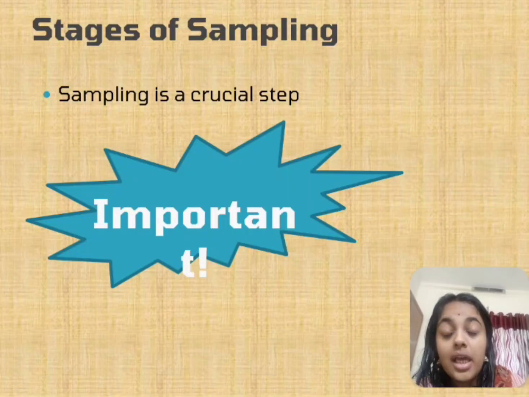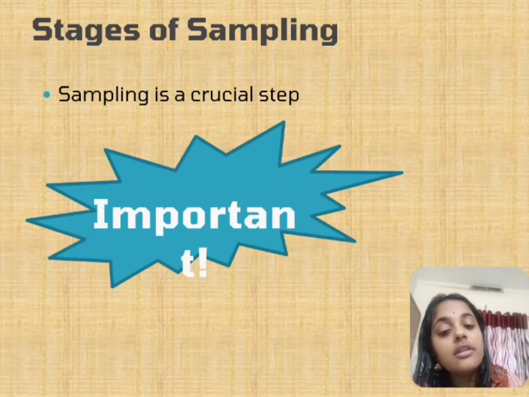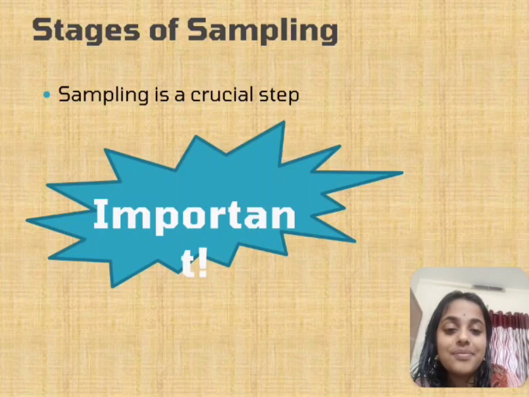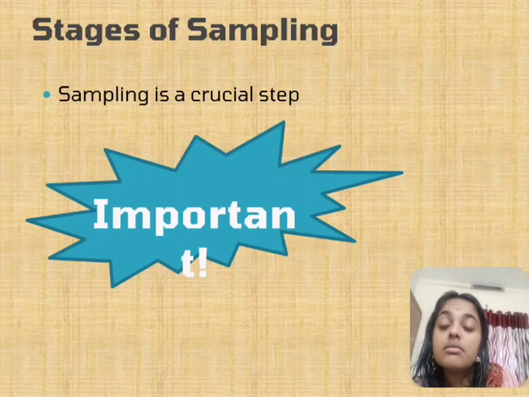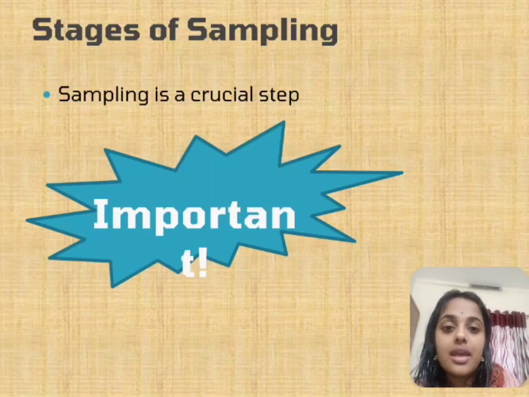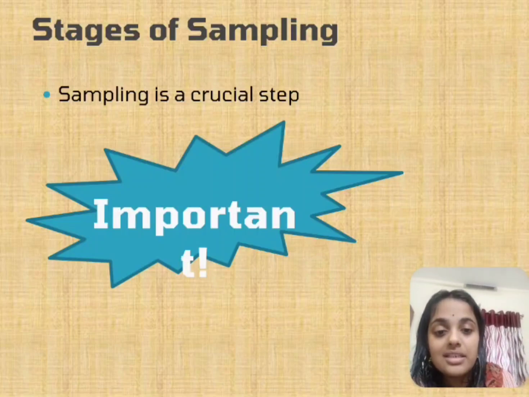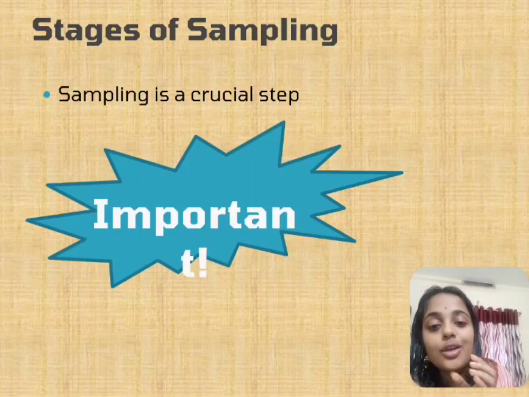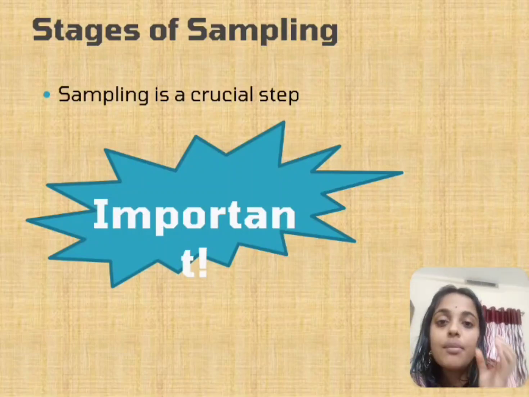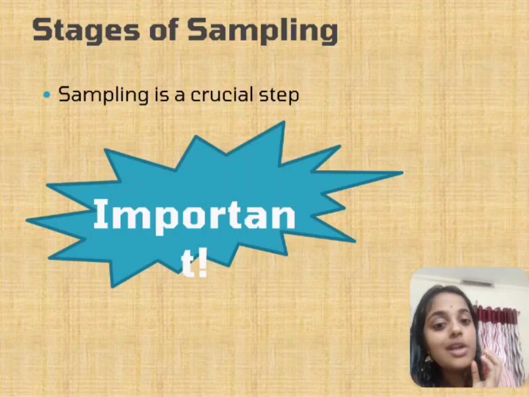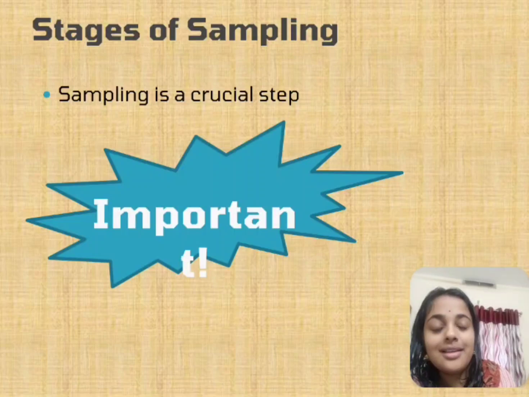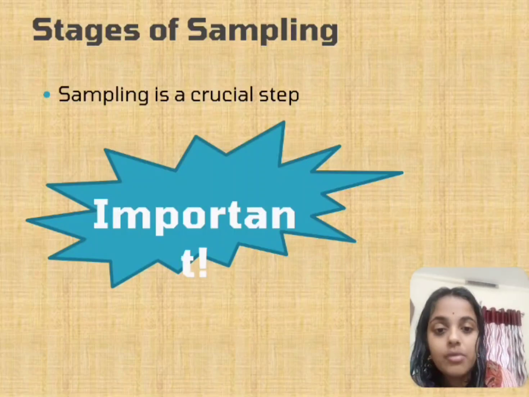Stages of sampling play a very significant role in the context of research. We even use sampling in real-life situations. Suppose we are baking a cake, we take a sample, that is, a piece of cake, to check whether the cake is properly baked or not. While blood testing, we do not give the whole lot of blood, right?